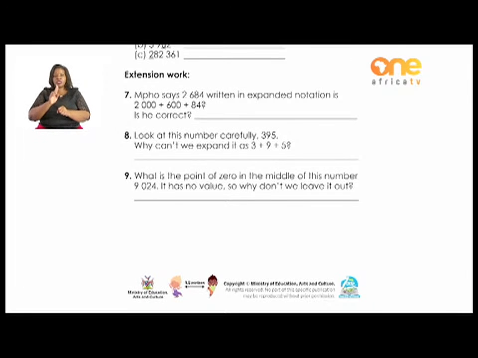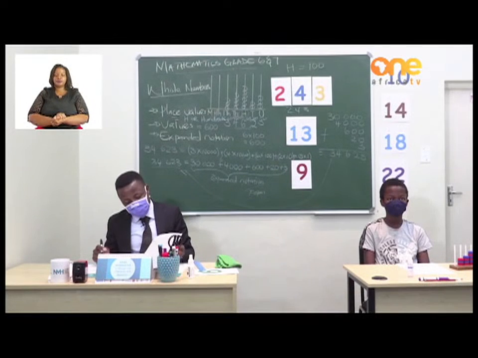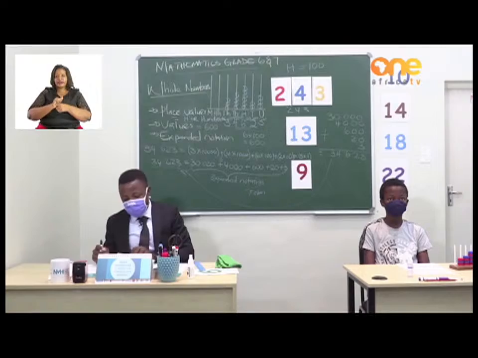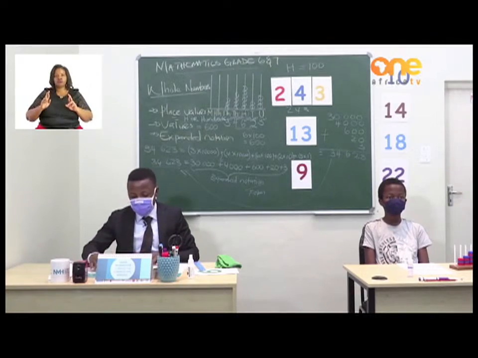So number 8 and 9, you have to give a reason. So you have to go through what I have said and you pick up the reason. Why are we not leaving it out? So that is the activity. I hope and wish you do it right.